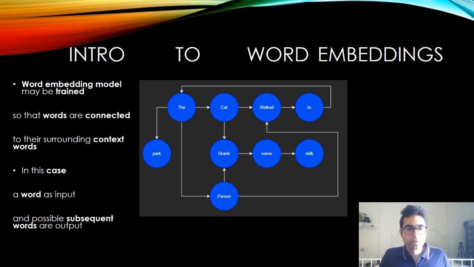The word embedding model may be trained so that words are connected to their surrounding contextual words. So, for example, a word may be an input and the subsequent words may be an output.